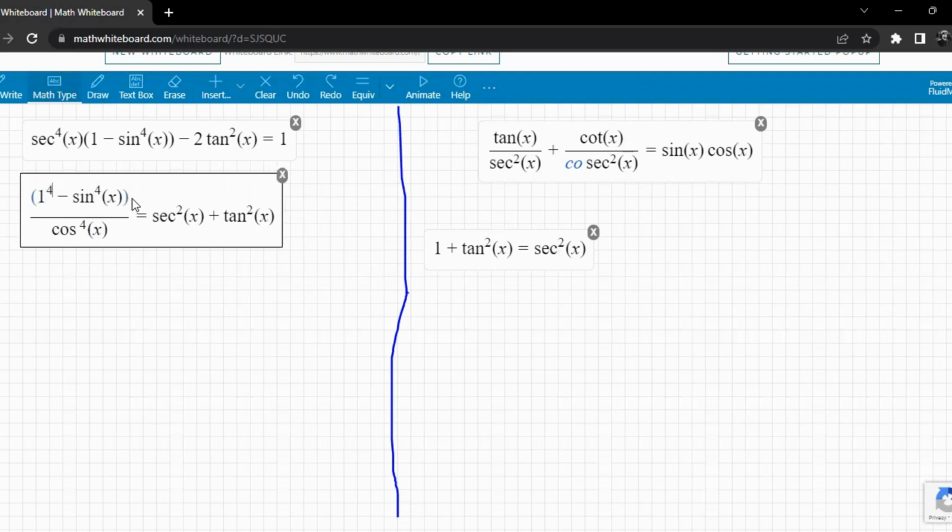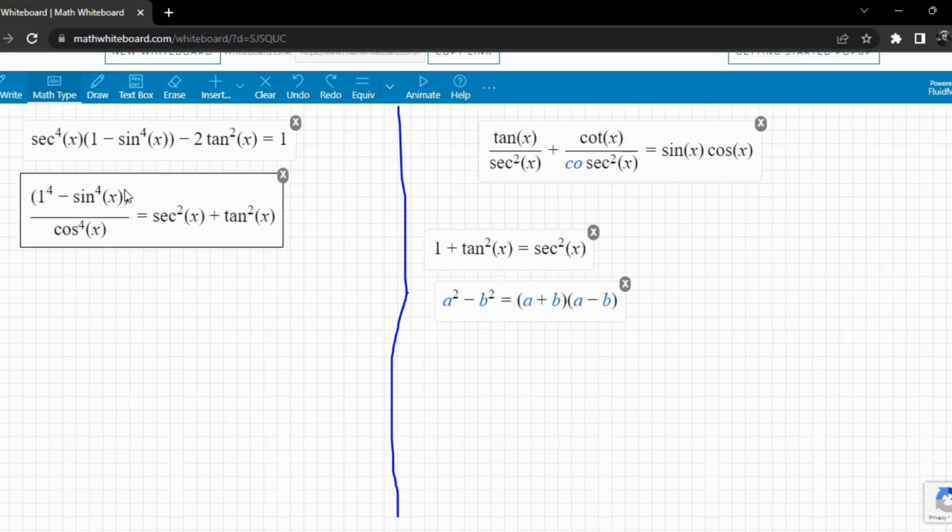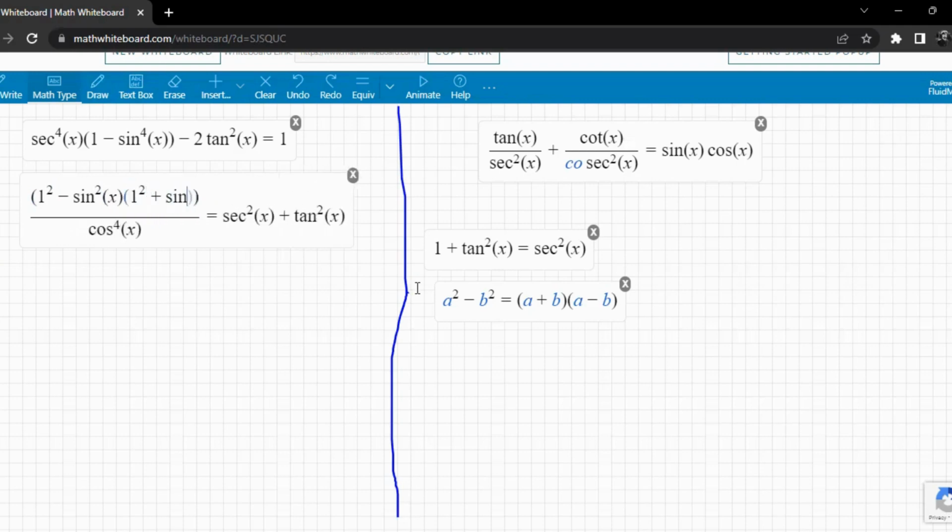So we can use the identity a square minus b square equals a plus b times a minus b, and rewrite this as 1 square minus sine square x times 1 square plus sine square of x, right?